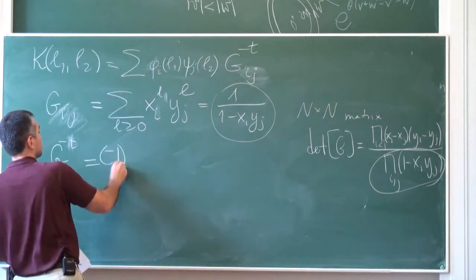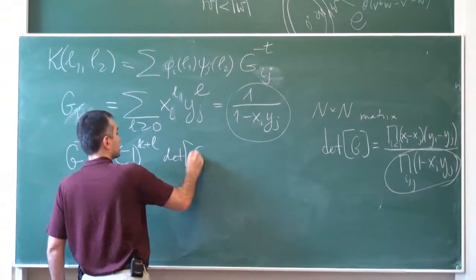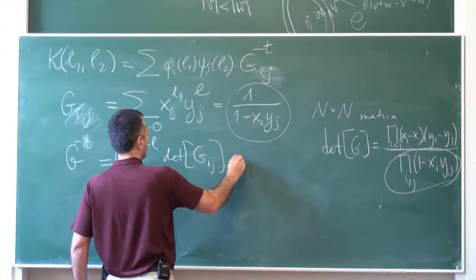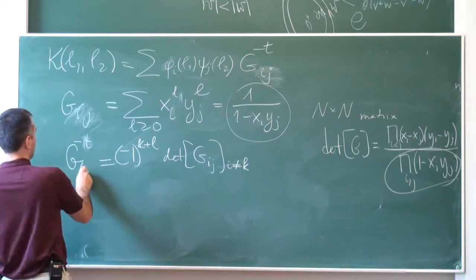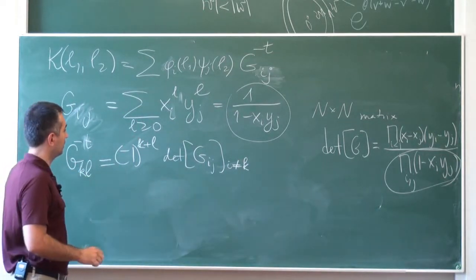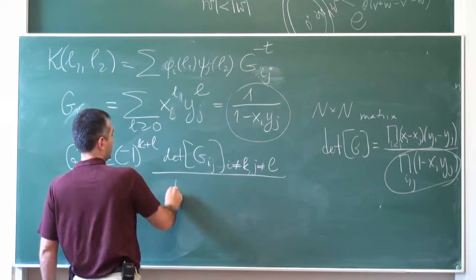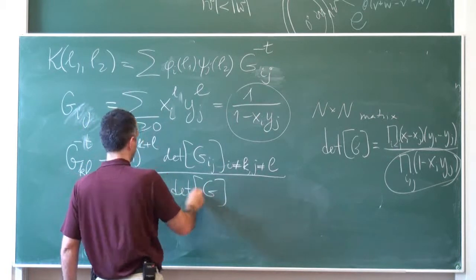This is (-1) to the power k plus l times the determinant of the submatrix with i not equal to k, j not equal to l, so I'm computing the kl entry, divided by the determinant of the full matrix.